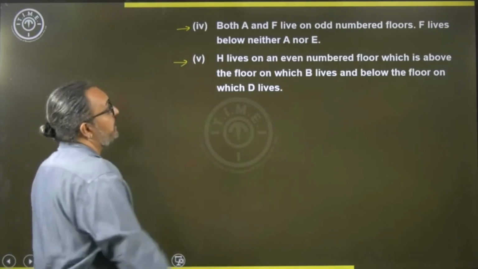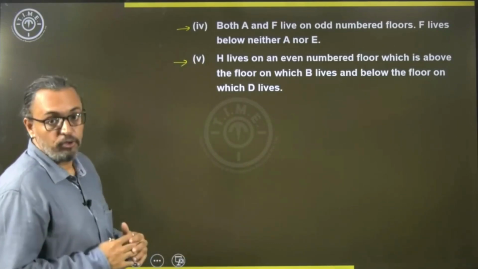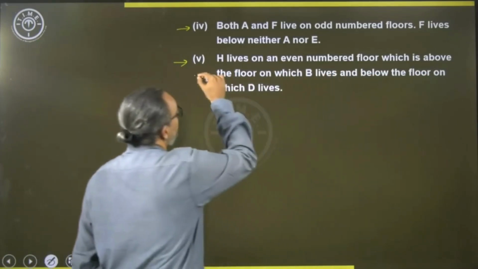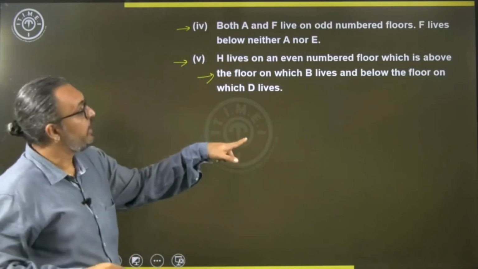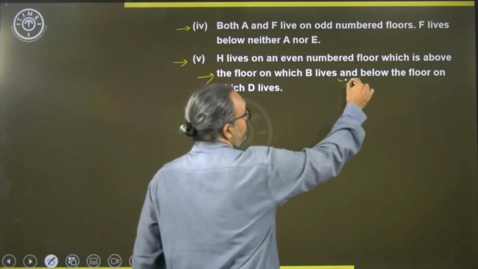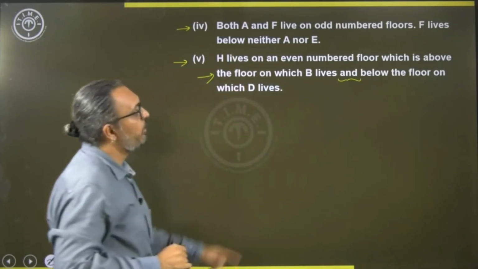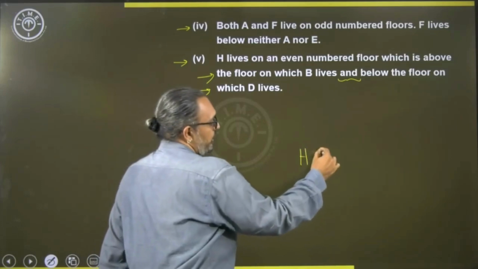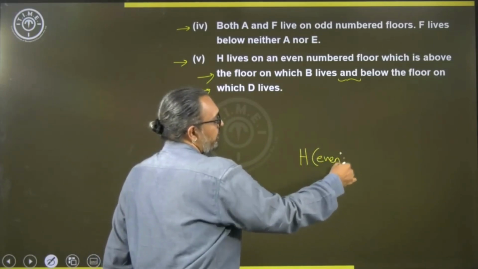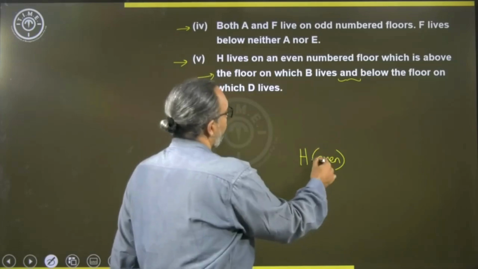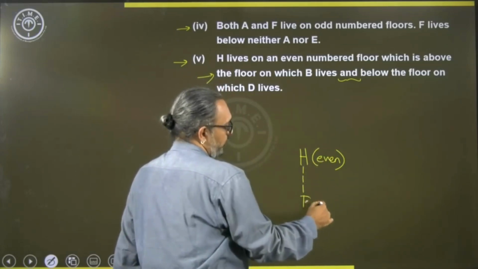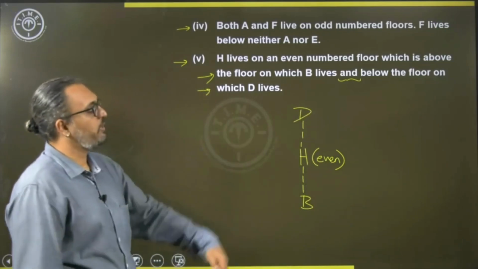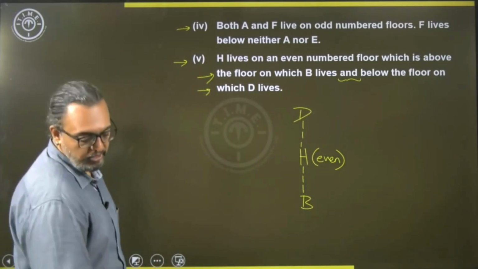Now next he says H lives on an even numbered floor which is above the floor on which B lives, and means it again about H only, below the floor on which D lives. So H is to be given on an even number which is above the floor of B, okay, and below the floor of D. So H has to be in between D and B, and H should be given an even number.